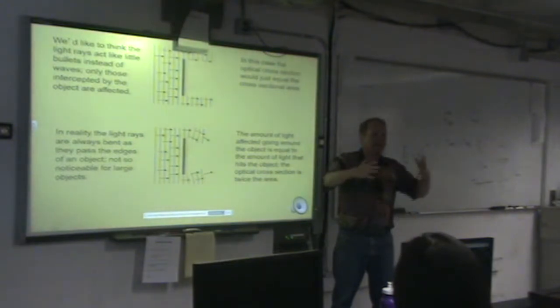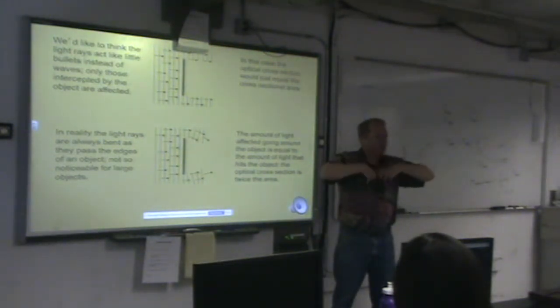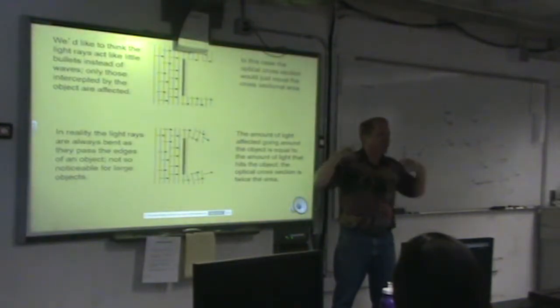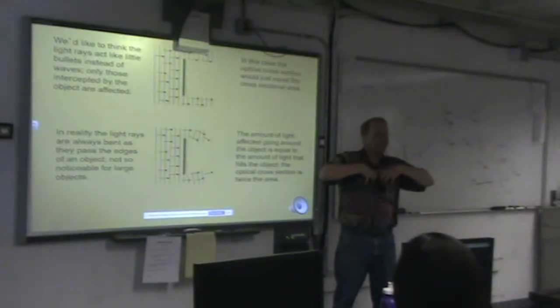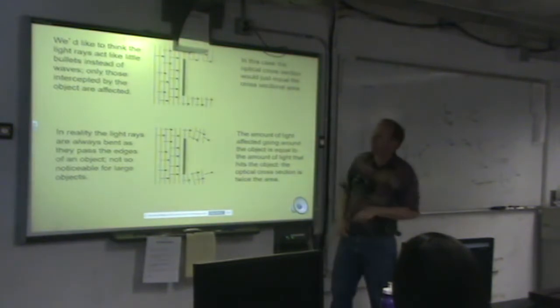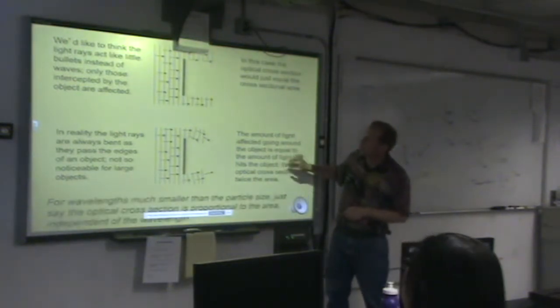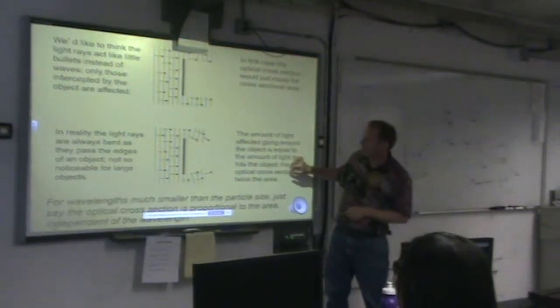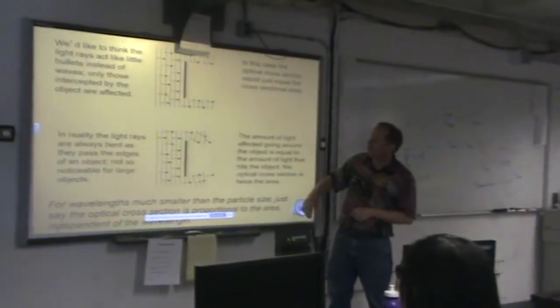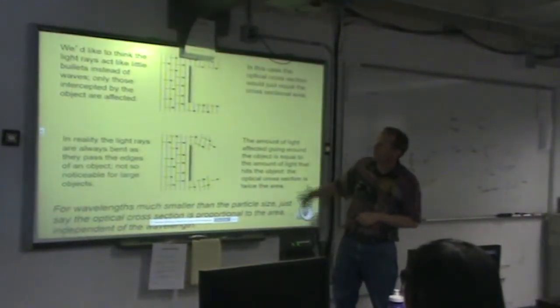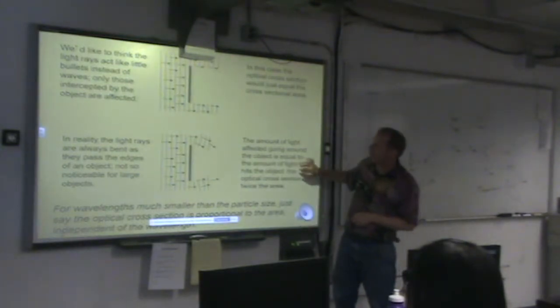And it turns out that you think of the amount of light that hits you, you think, oh, it's proportional to the area. It's actually twice the area of light. It's like you have a cutout of you twice the size. Half of it is hitting you, half of it is curving around you. And to prove that, if your particle is much larger than the wavelength of light, you just say it goes proportional to the geometrical cross-section.